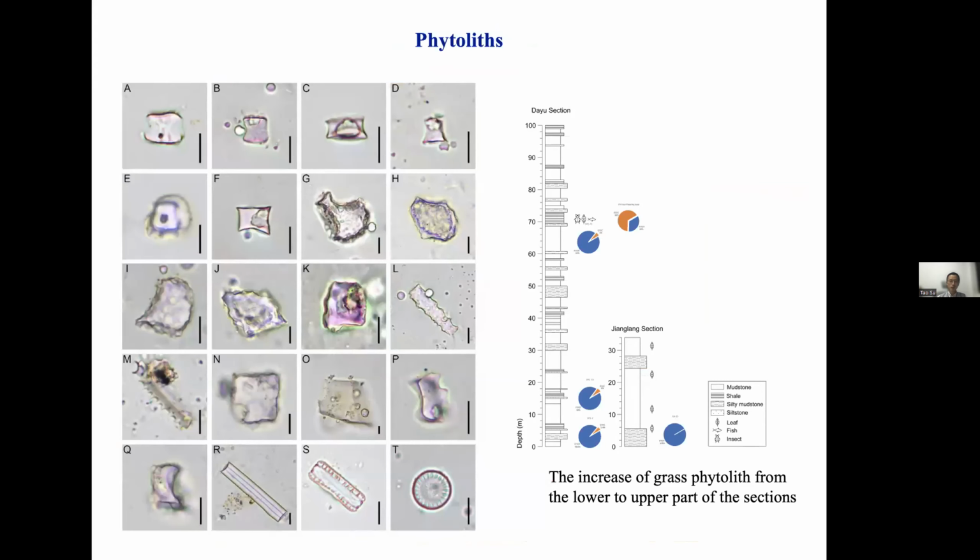And very interestingly, we also found a lot of phytoliths in this layer, many of them grass phytoliths. We found an increase of grass phytoliths from the lower to upper part of the section. So it means the grass species increased through the years.